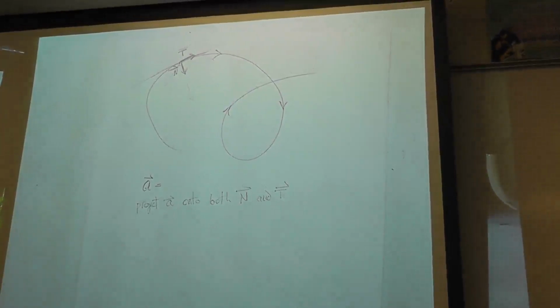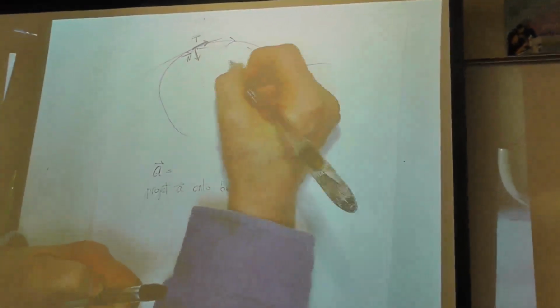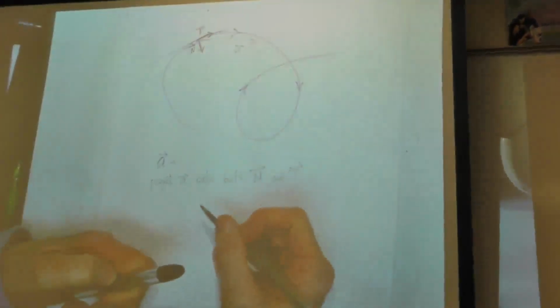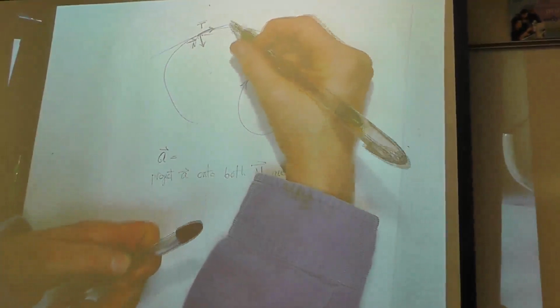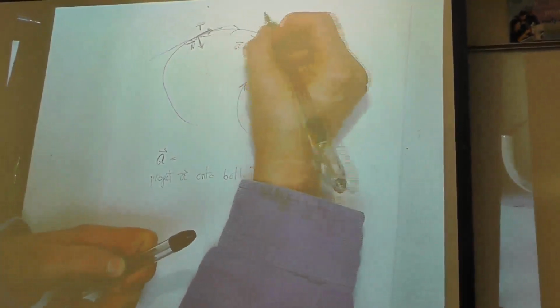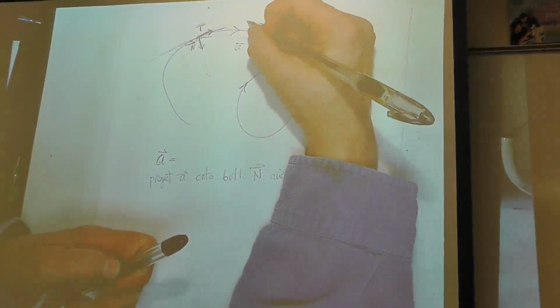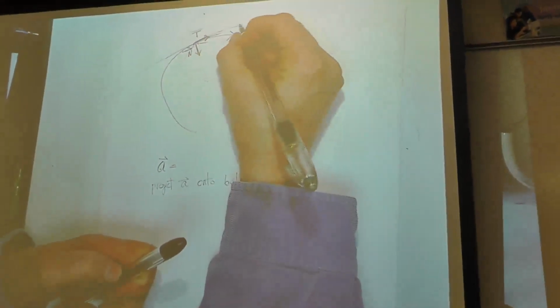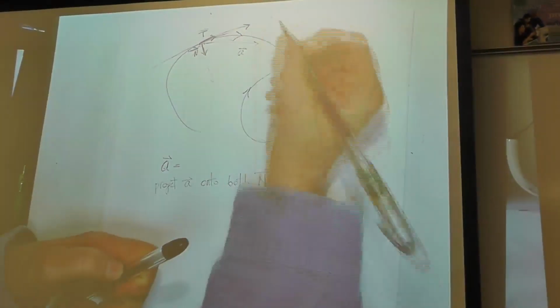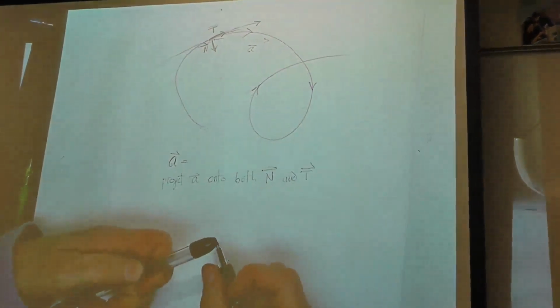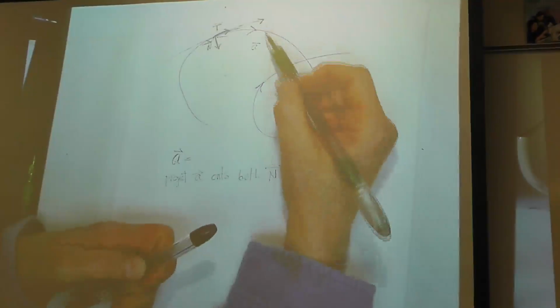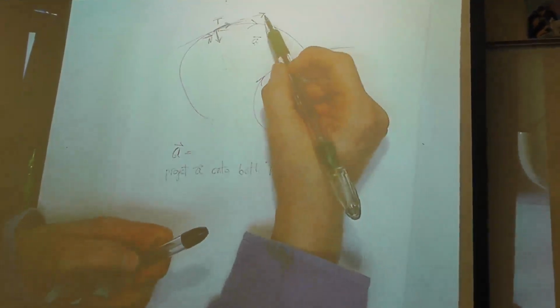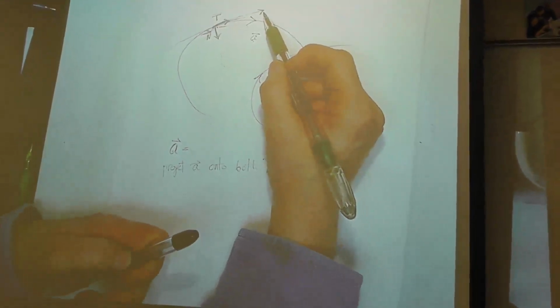So if, for instance, I had acceleration coming down here, and I go to project the acceleration in the tangential direction, I drop a perpendicular down, and this would be the component of acceleration, or its length would be the component of acceleration in the tangential direction.